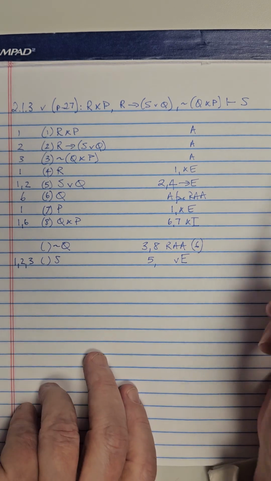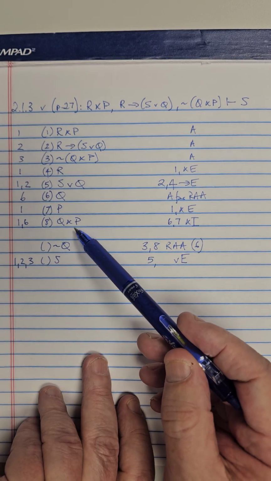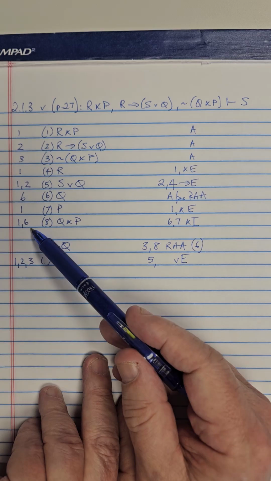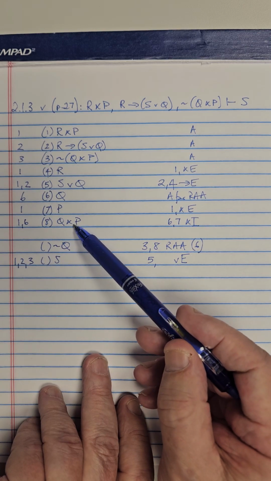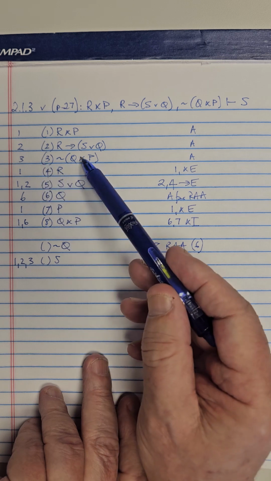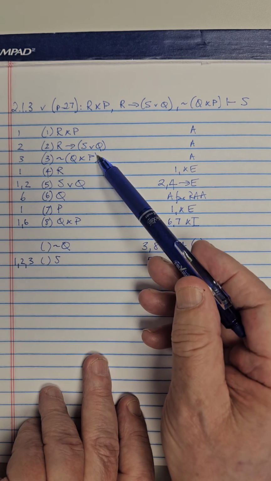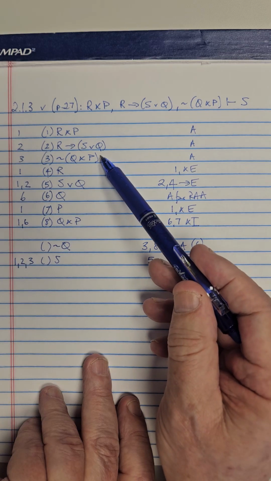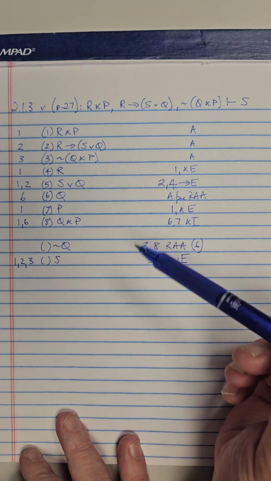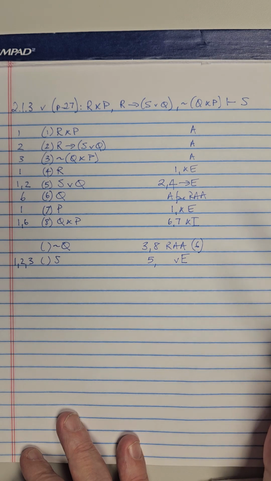So if the sentence on 3 is true, and the sentence on 8 were true, they can't all be true, 1, 3, and 6, because if 3 is true, then this is true, and if 1 and 6 is true, then this is true, but both Q and P, and it's not the case that both Q and P can't both be true. So we must reject one of these three assumptions, 1, 3, or 6.